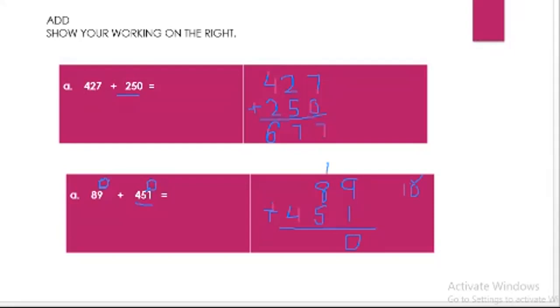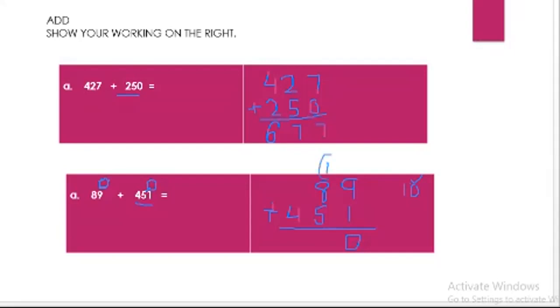So now, my students, we have to add 8, 5, and 1. So add it: 8 in your mind, 5 on your fingers. Take out your 5 fingers. 8, 9, 10, 11, 12, 13. Is my answer 13? Oh, I forgot something to add, that is the carry over number.